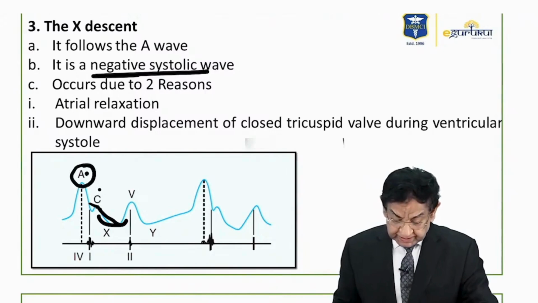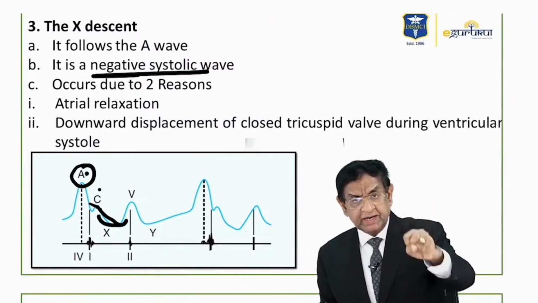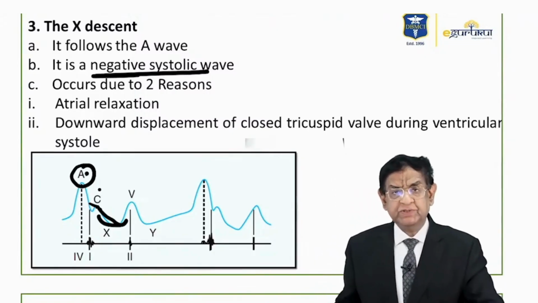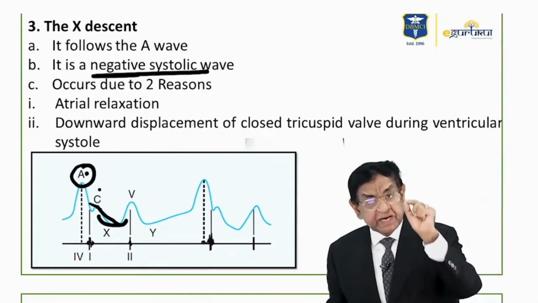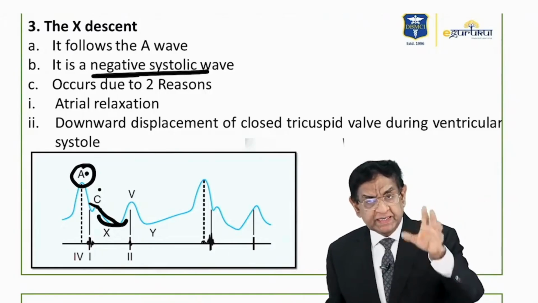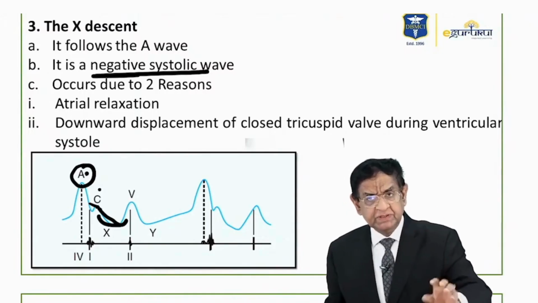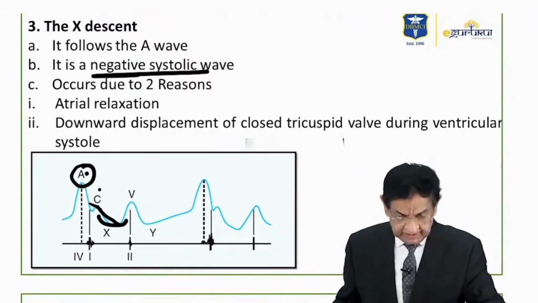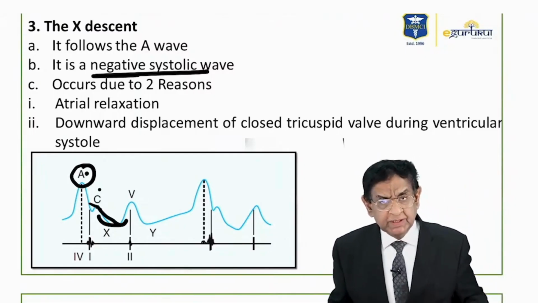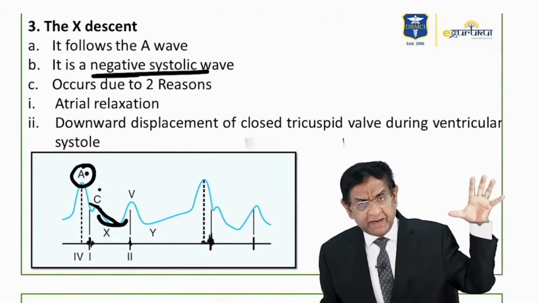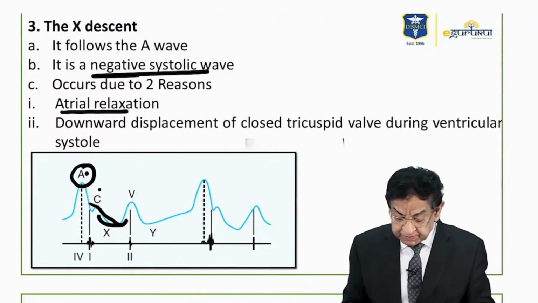During A wave, the atria has already contracted and pushed the blood into the ventricle. Or I can say there was an atrial systole near the end of diastole when the atria pushed blood into the ventricle. Then of course the atria will have a diastole, and the atria will expand and relax.